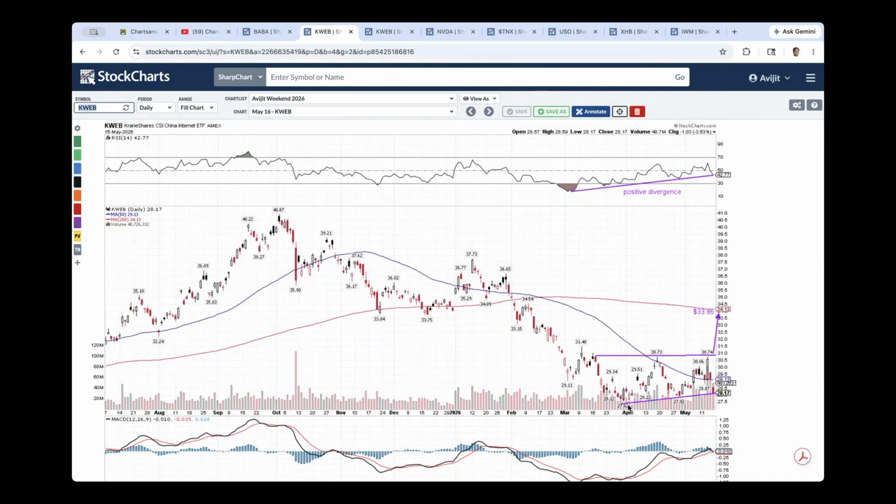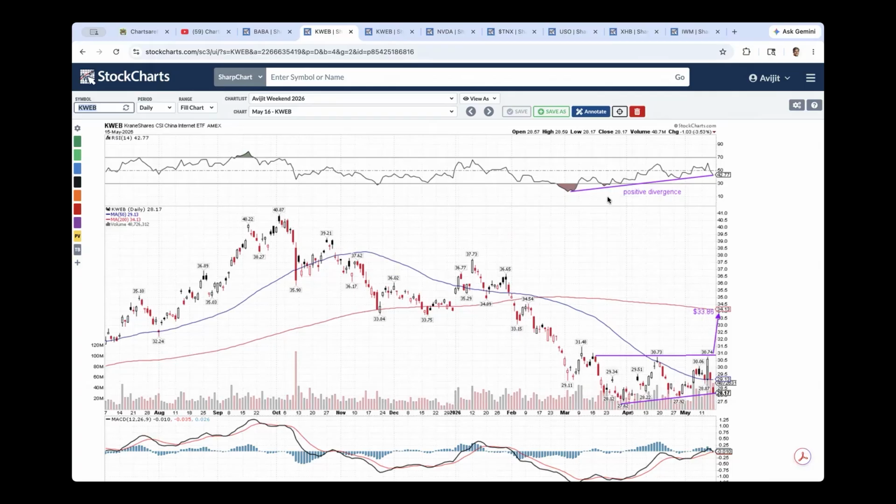So the lows are rising, though at a small slope. The resistance line is 30.7. If it does manage to break out of this ascending triangle, that measured breakout comes towards 33.86, not too far from its 200-day moving average at 34.13. So that's potentially where we think this could pan out.